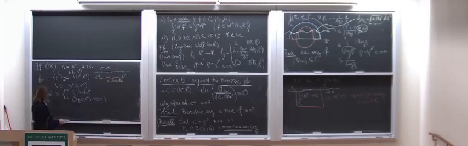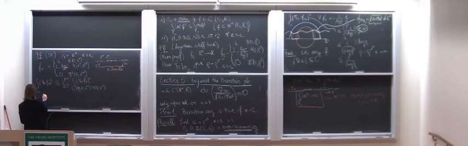And now, the estimate for the gradient is the same, so I get that this is controlled by the sum for L between n and 2n minus 1.